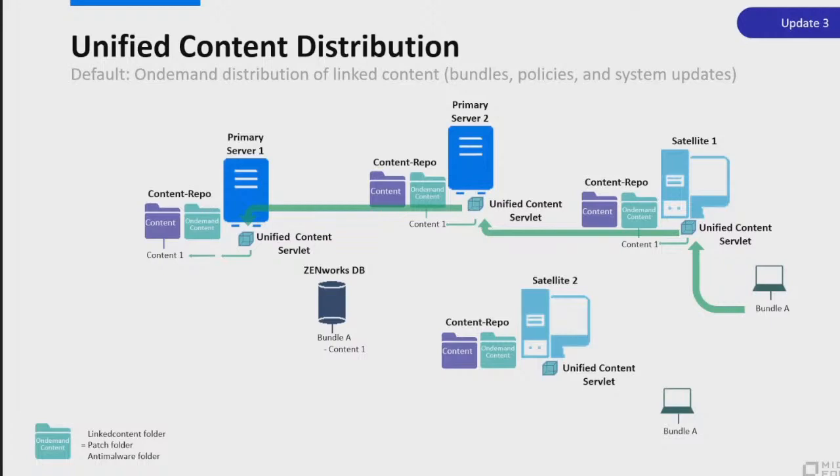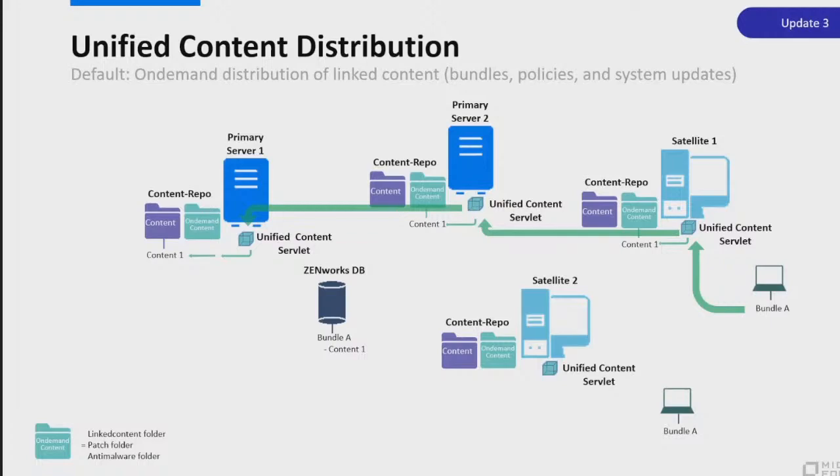So you can continue to pre-cache or replicate content that you want to your different content servers, or you could go completely on demand and have it just pulled down. One advantage of on-demand streaming is that the content only ends up on your content server, in particular your satellites, if it's actually needed, so you're not taking up extra space.